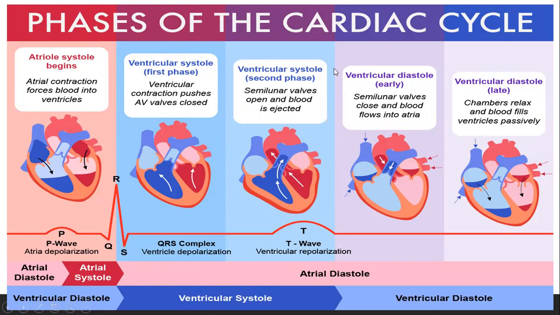Now we'll continue the next story. What happens after ejection happens? Then the ventricle is completely emptied. It starts to relax. This is called diastole. So the ventricle starts relaxing when the aortic valve is open. This small phase is called protodiastole. Then when the pressure falls even further, what happens? The aortic valve closes. That is what is given here.